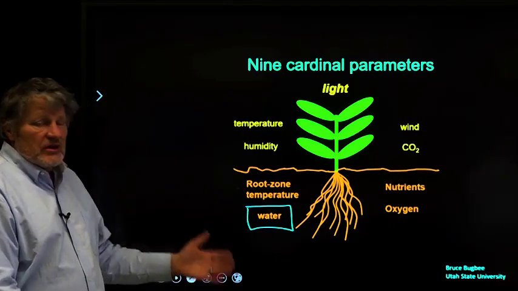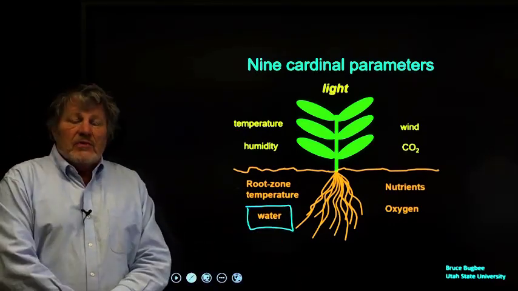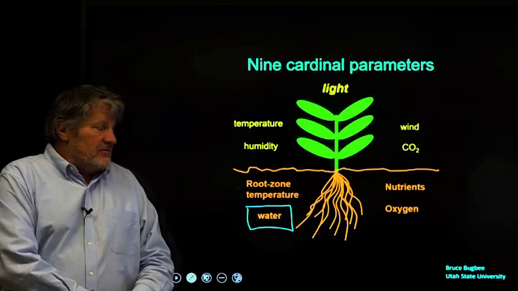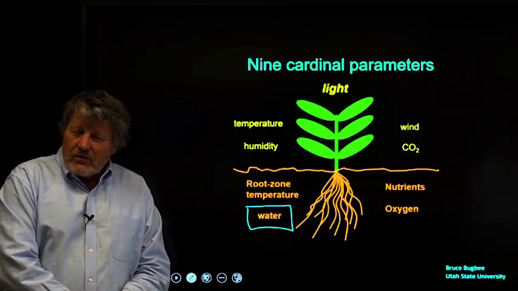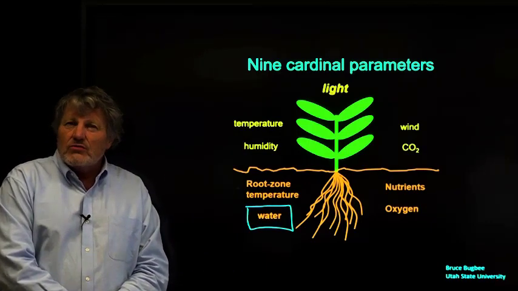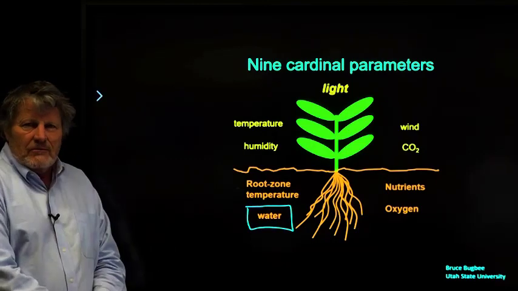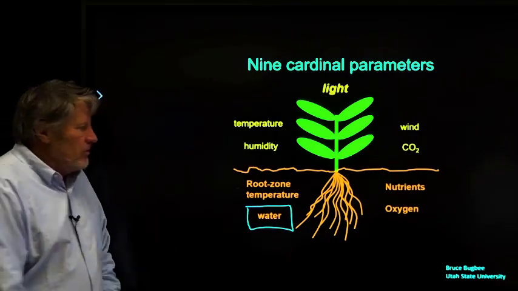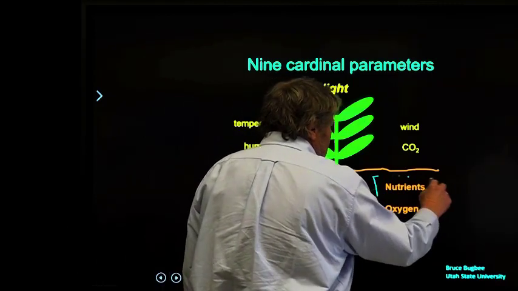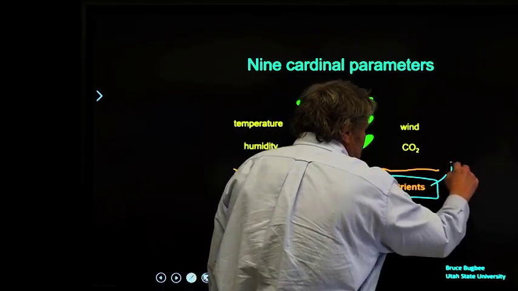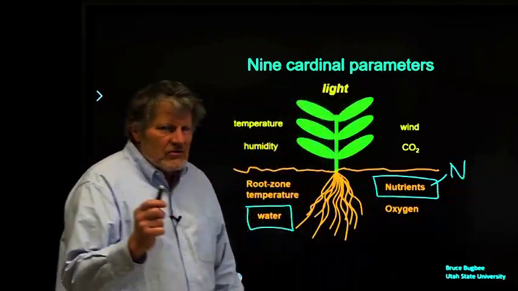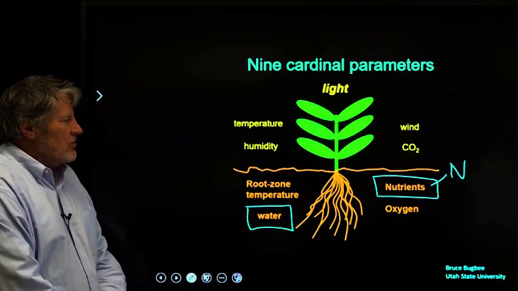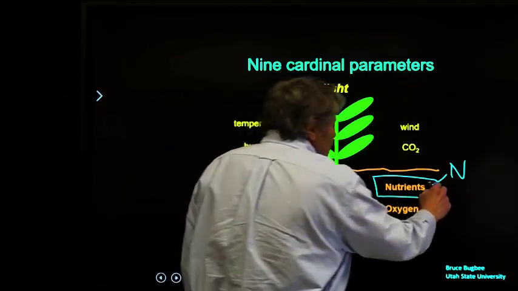This is the most limiting parameter. Out by Texas Tech, boy, they're all trying to grow cotton with less and less water. It's a huge thing. In addition to water, there are numerous symposia on nitrogen. That's another key parameter in field agriculture, nitrogen and phosphorus.